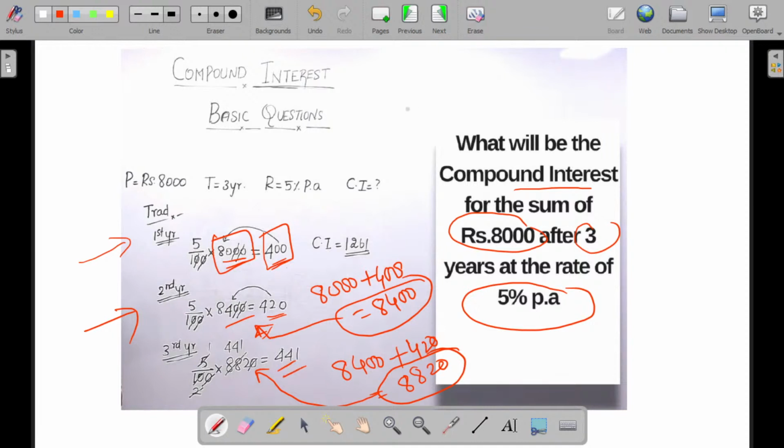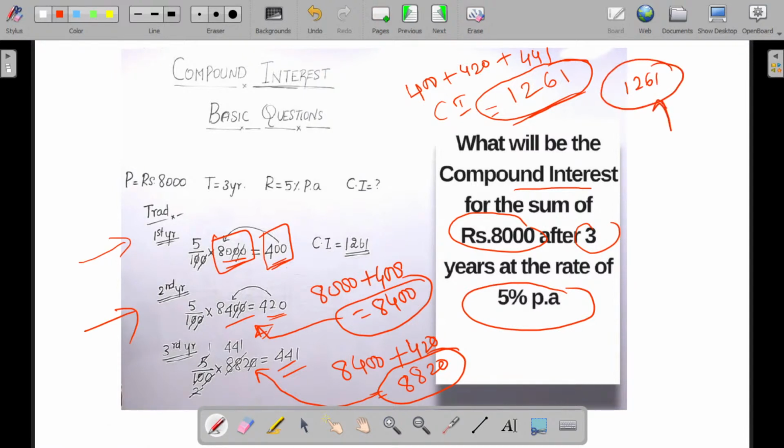So at the end of the third year, how much interest has he paid? 400 plus 420 plus 441, that is 1,261. See, this is the compound interest. So for 8,000, he has paid 1,261 as compound interest.